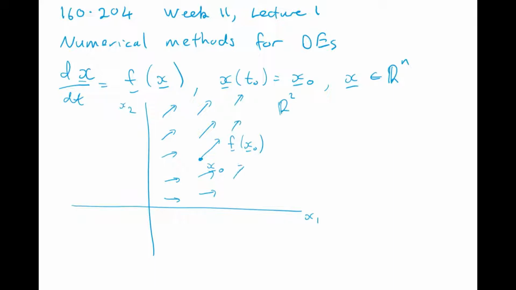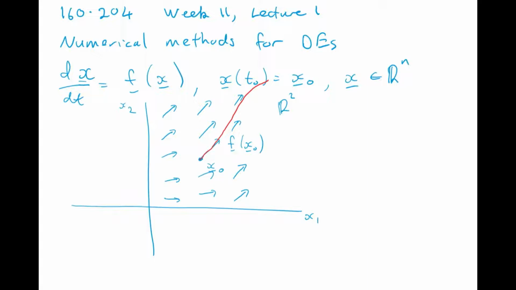Suppose it looks like this. Imagine a little arrow attached to every point that tells you how fast and in which direction you're moving if you pass through that point. Now we know that there's going to be a smooth curve passing through that point, always tangent to the direction field.